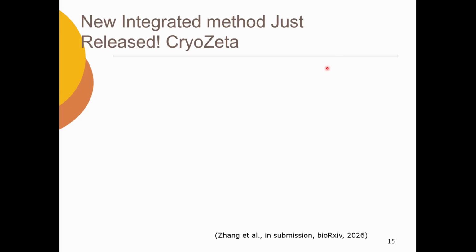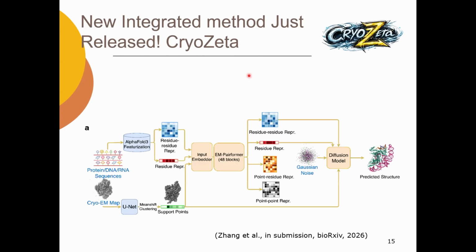Next, I will explain the algorithm of CryoZeta a bit. This is the latest structure modeling tool from us. It is an integrated deep learning pipeline for protein, DNA, and RNA structure modeling. It uses almost end-to-end deep learning, and it is inspired by AlphaFold 3.